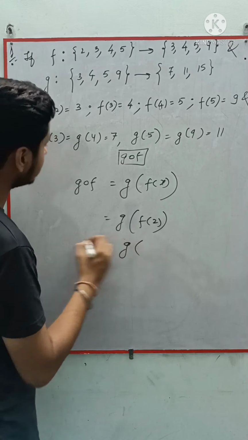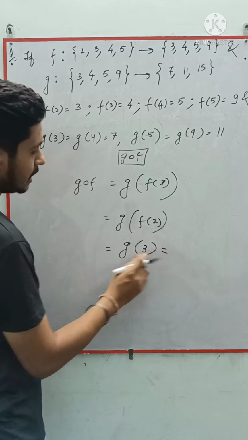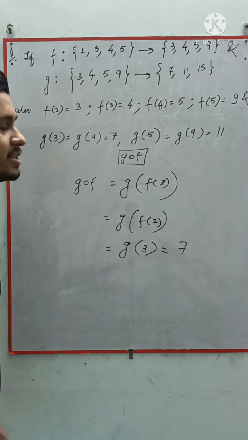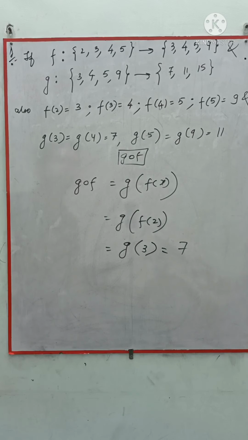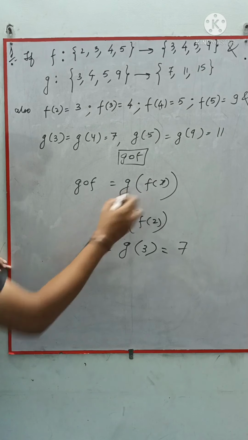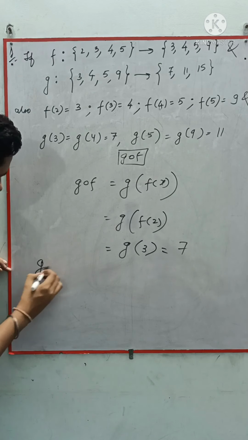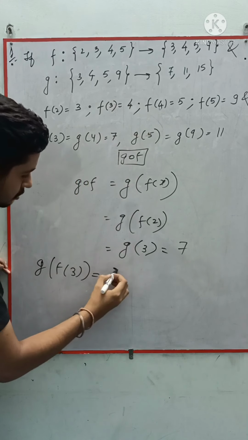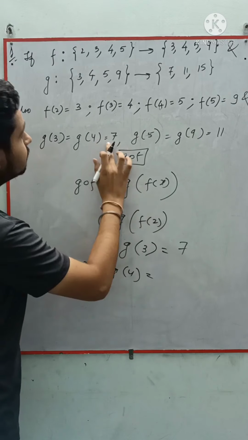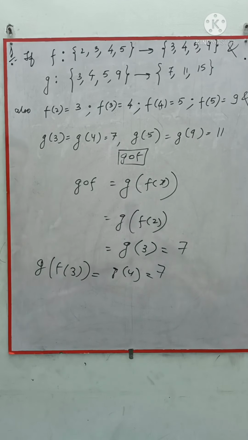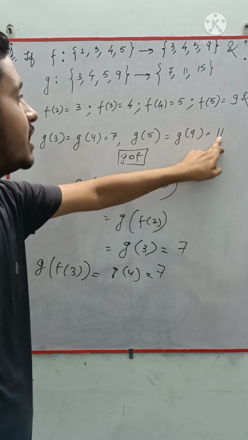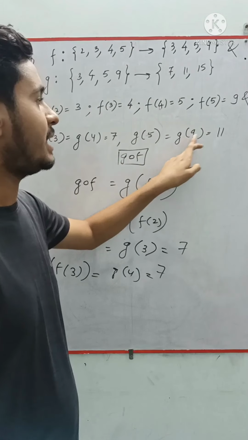So we'll get g of 3. Now g of 3, we already have 7, so the answer is 7. Again for g of f3, f3 is 4, so g4, and g4 is 7, so hence the answer will be 7. Similarly for 4 you have 5, and for 5 you have 9, which gives 11.